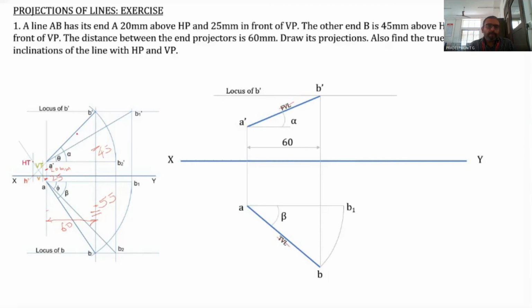Now from B1, draw the vertical line to intersect with the locus of B dash. Now it is intersecting, and this point is B1 dash.